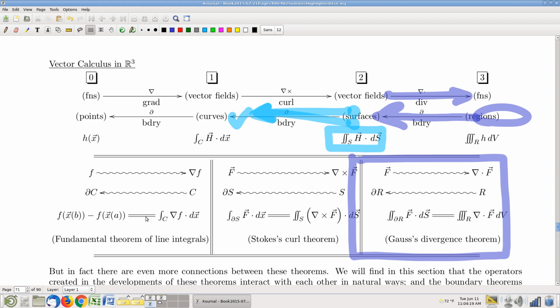And that's going to tell us, hopefully, that the pattern continues. That will tell us, hopefully, something about the divergence of one of these special vector fields. So again, I'm just following the pattern. Let's see what we get.